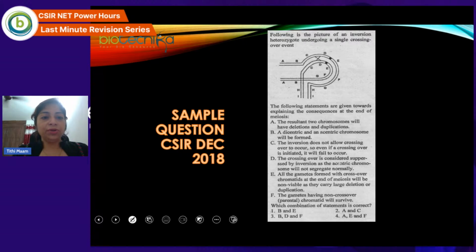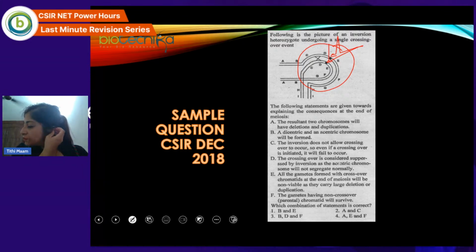We have to look at the cross loop that is formed, and see whether it has the centromere or not. Which is the centromere? This dot for sure is the centromere. Is the centromere present in this loop? Yes. If the centromere is present, then what kind of inversion is this, Gayatri and Lakshmi?